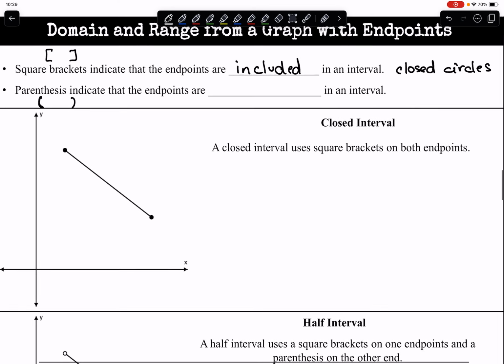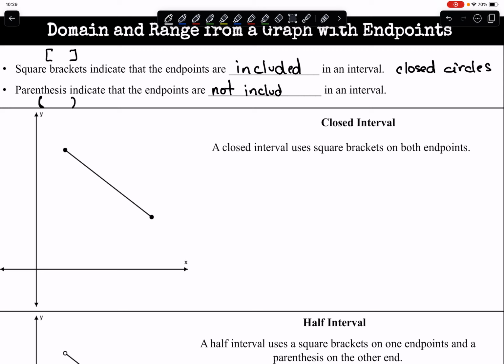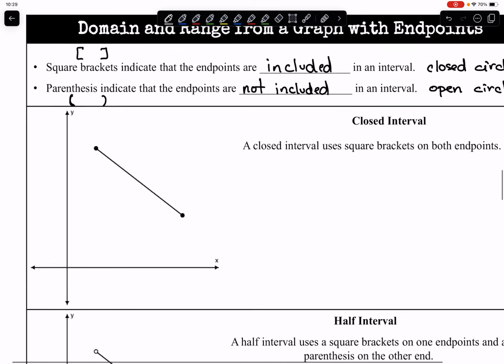We use parentheses to indicate that the endpoints are not included in the interval, and that is represented by using open circles on the endpoints. So let's look at the first example right here.